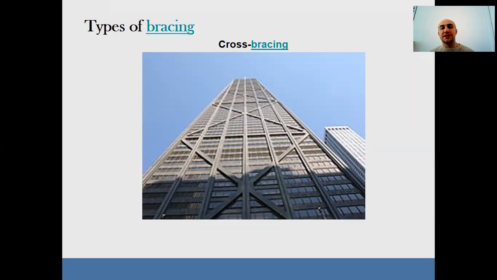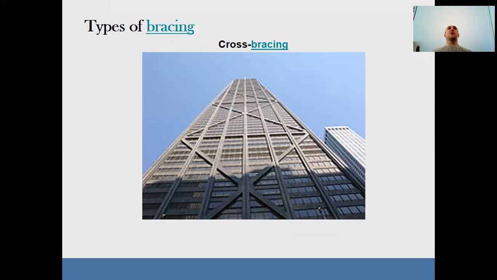Only one brace at a time needs to resist the tension, acting to resist side forces depending on the direction of loading. As a result, steel cables can also be used for cross bracing.